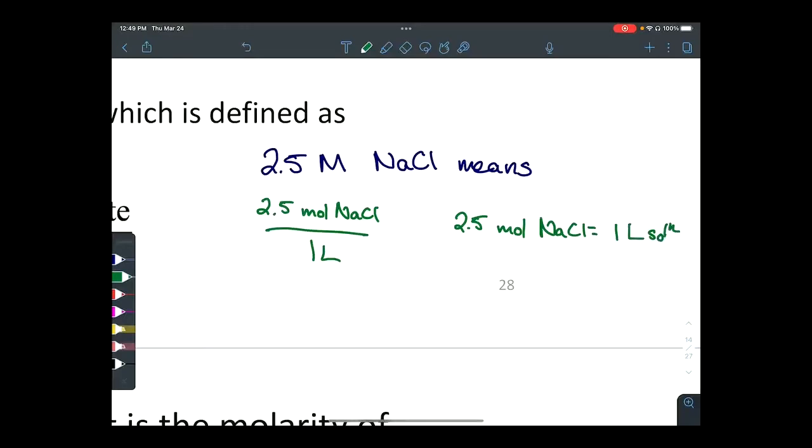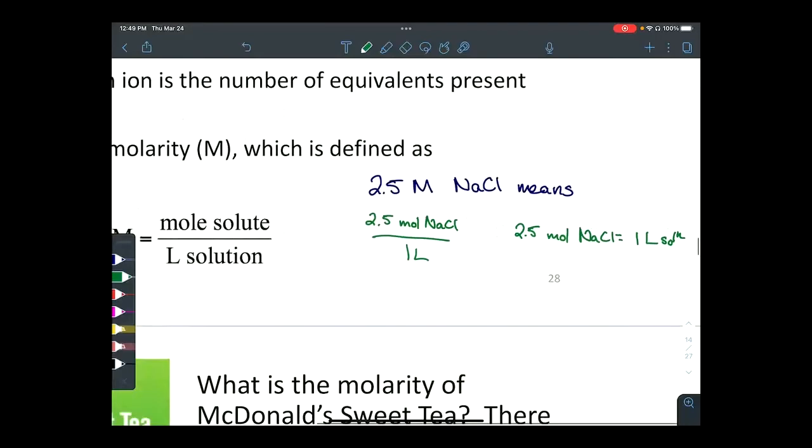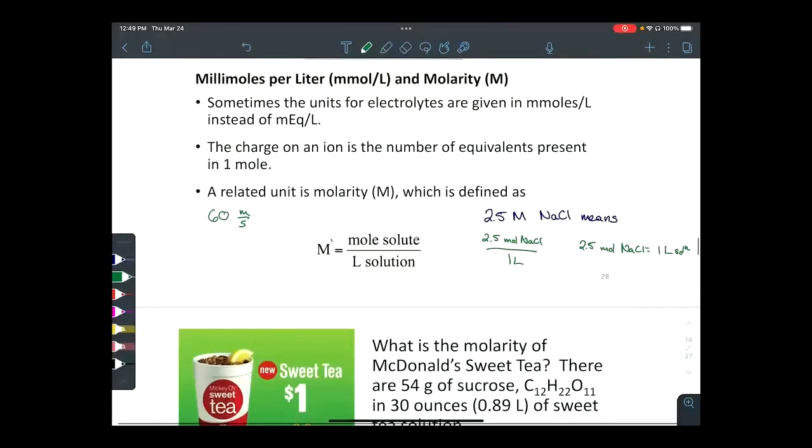Depending on how we want to do our conversion, we can use that equality to get to any unit, either moles or volume. I really urge you, when you see the unit big M, molarity, remind yourself it means moles of your solute over 1 liter of that solution, because the big M doesn't really convey what it actually means. So just remember, molarity, moles per liter.